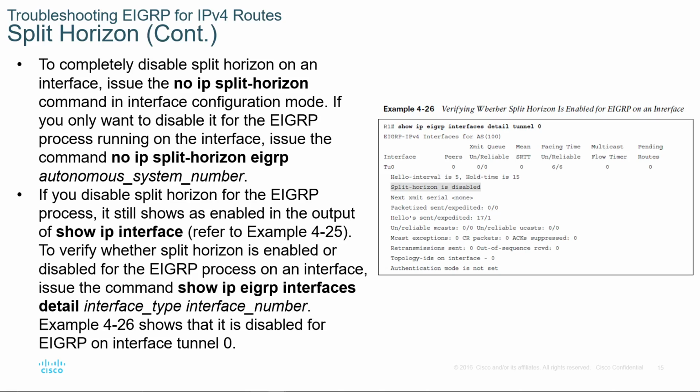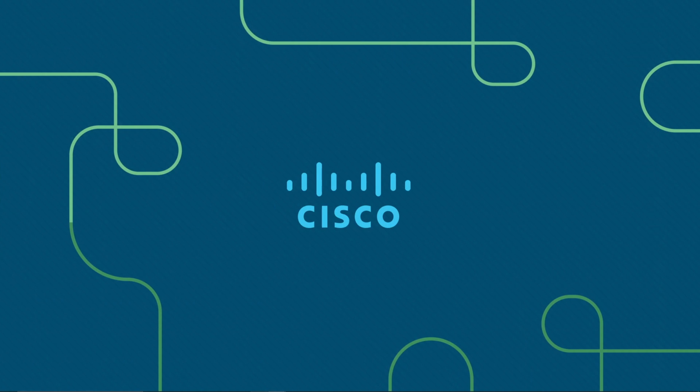So to get ourselves around this, we disable split horizon on that physical interface because it's acting as a hub and spoke with the no IP split horizon, and then specify the protocol and the autonomous system number to turn it off. Be very careful doing this because you can generate routing loops by turning off split horizon. So be sure of your topology before you disable split horizon.